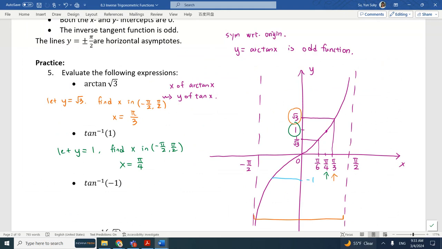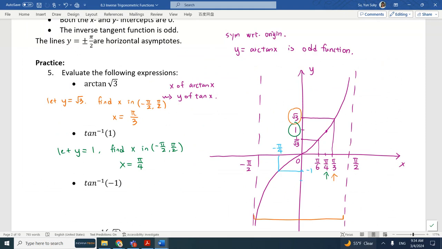When we have 1, it corresponds to pi over 4. So negative 1 should correspond to here. So my graph is not so good. Let me put the negative 1 closer. Okay, so like here. Then we know this is negative pi over 4.